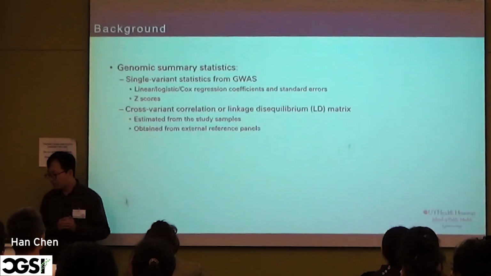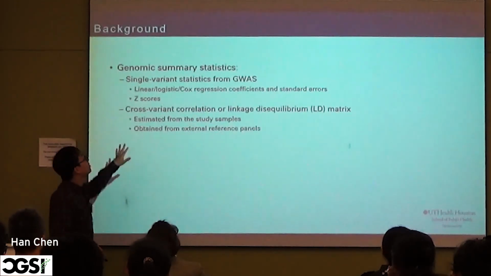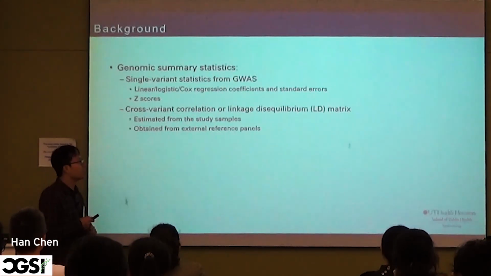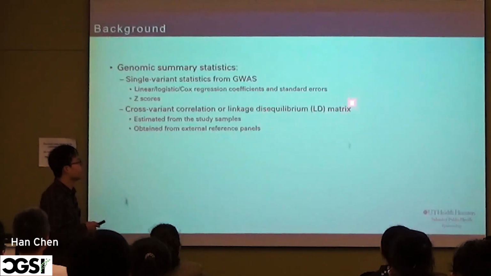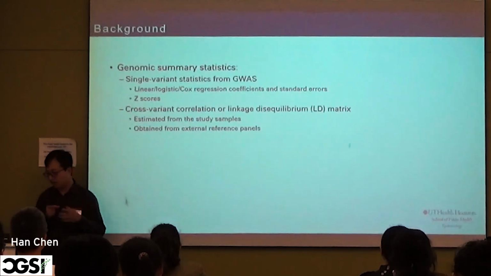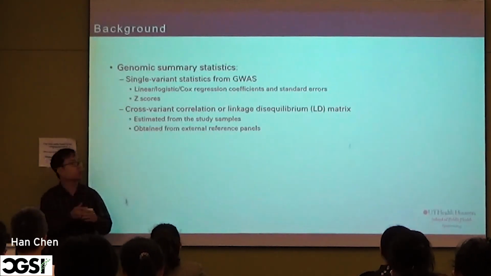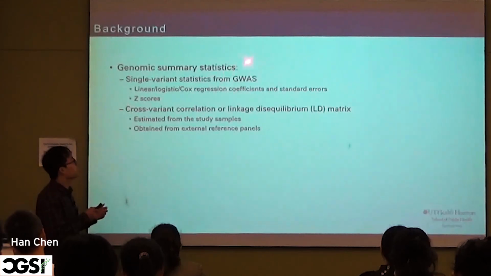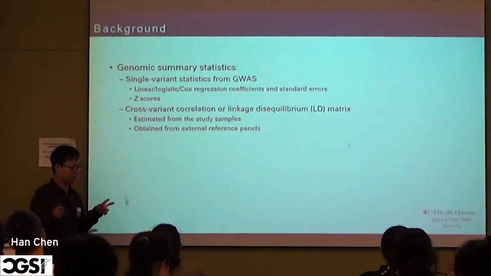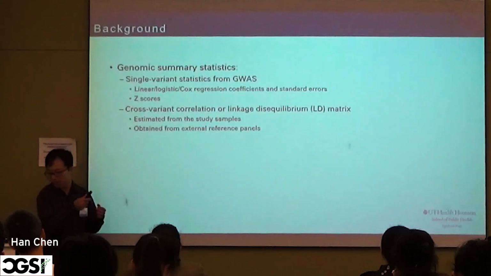In some applications, in addition to the regular GWAS summary statistics, we also need the second moment information, namely the cross-variant correlation or linkage disequilibrium matrix. This information is very useful for estimating the covariance or correlation between the GWAS summary statistics, and it can be applied in a wide range of applications as long as you need to look at two or more genetic variants together.